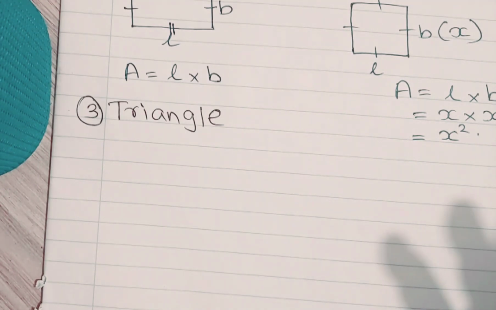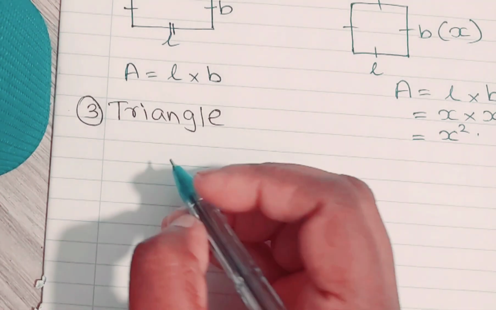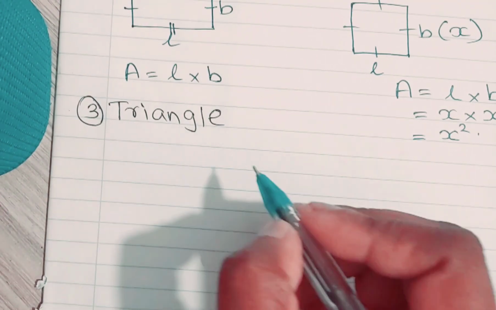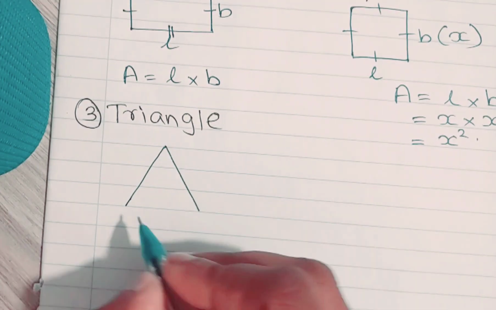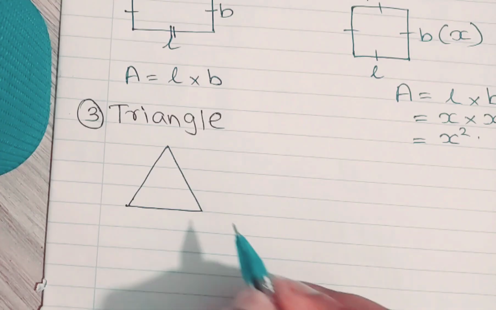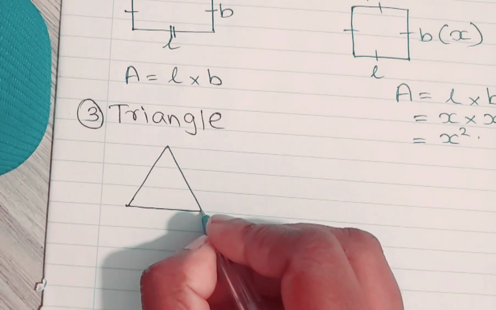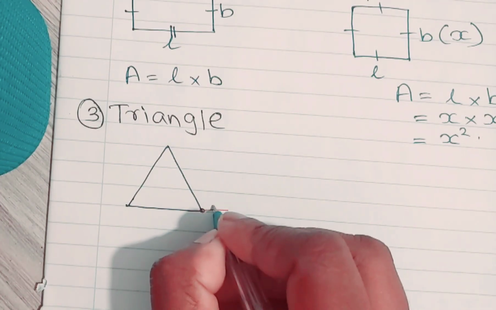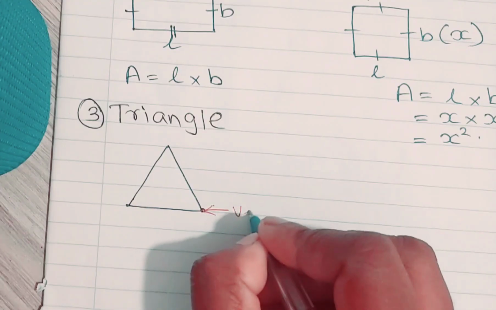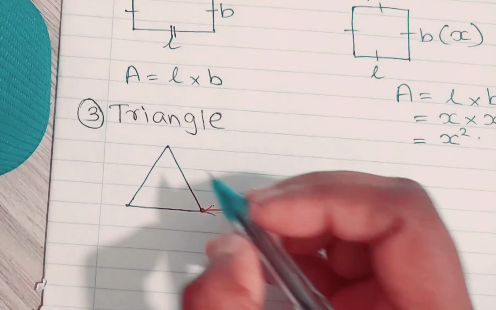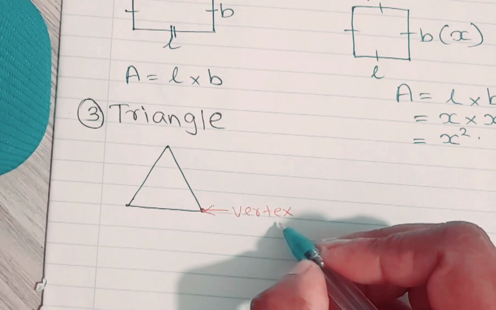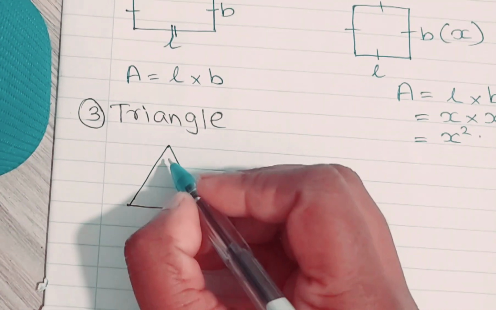Here roughly I am taking an acute angle triangle. This corner we call a vertex, and these corners are also vertices. The singular word is vertex and the plural word is vertices.